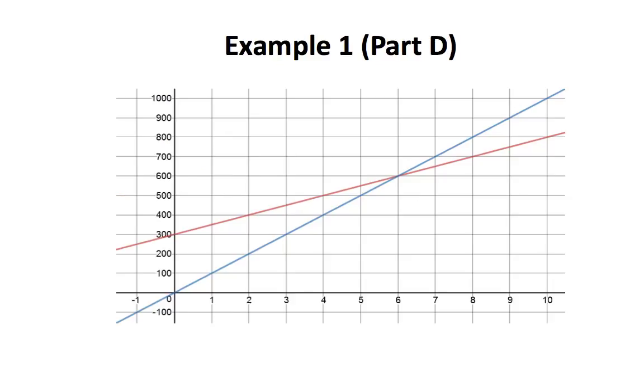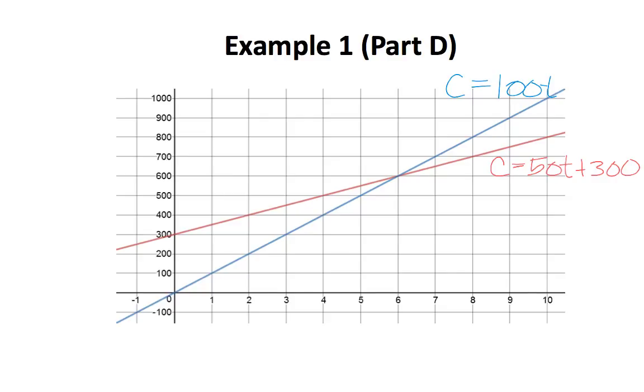I've gone ahead and graphed my two equations. The red line is C equals 50T plus 300. Meanwhile, the blue line is C equals 100T. If you remember, the blue line has a y-intercept of 0, and the red line has a y-intercept of positive 300.